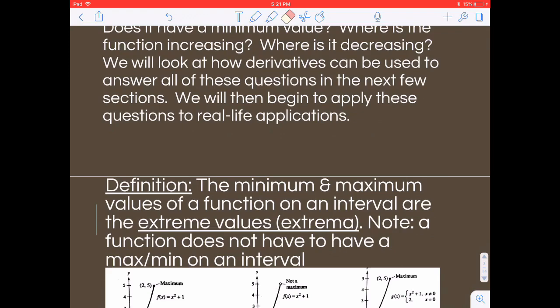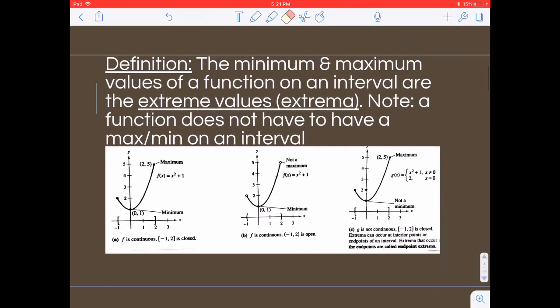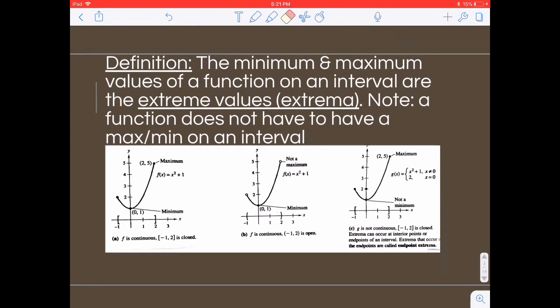So here is our first definition. The maximum and minimum values of a function on an interval are the extreme values, or our extrema. Note that a function does not have to have a min or a max on an interval. Like in this image A, f is continuous on our closed interval -1 to 2, so it has a minimum here at (0, 1) and a maximum here at (2, 5).